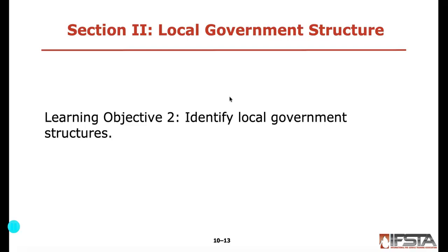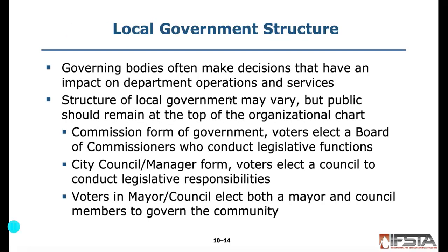Moving on to our local government structures. The governing bodies often make decisions that have an impact on the department's operations and services because they provide the funding and they will provide the structural chart. The structure of local government may vary, but the public should remain at the top of the organizational chart. Commission form of government: voters elect a board of commissioners who conduct the legislative functions.